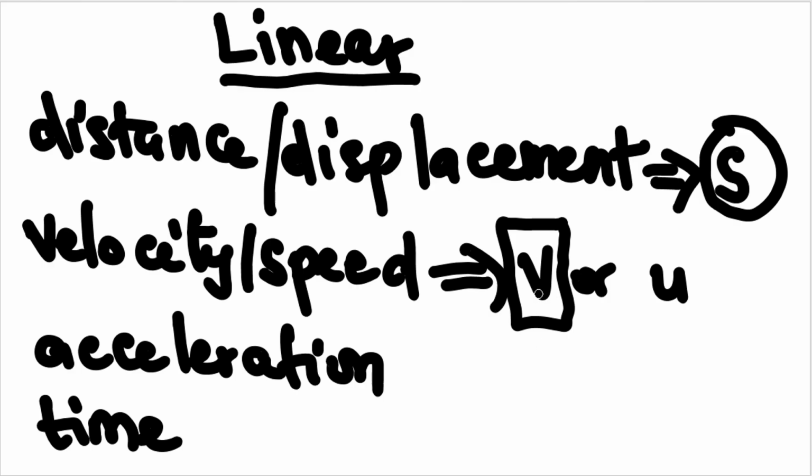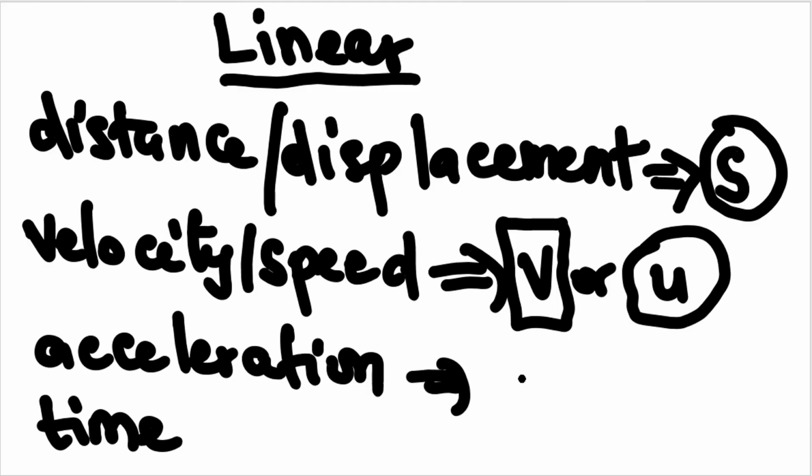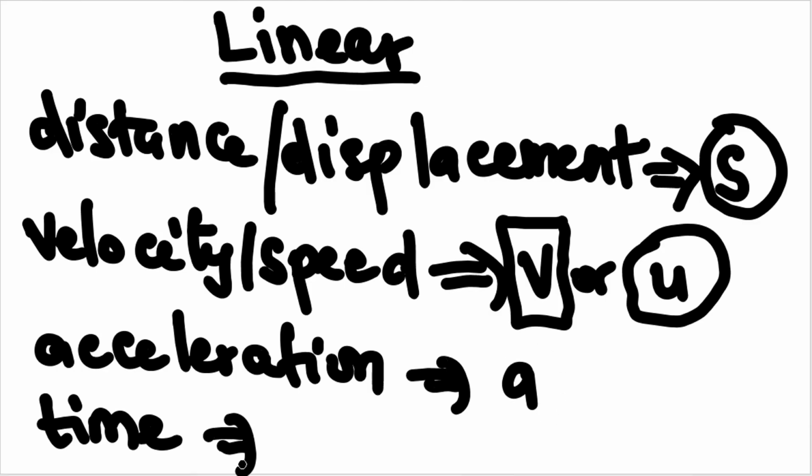When we are talking about initial velocity, it's going to be U. V for final velocity, U for initial velocity. Those are the two that you need to keep in mind. Acceleration is going to be A, and time is going to be T. These are the ones that will be used in the equations of motion.